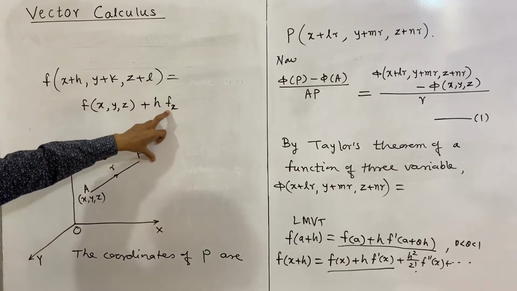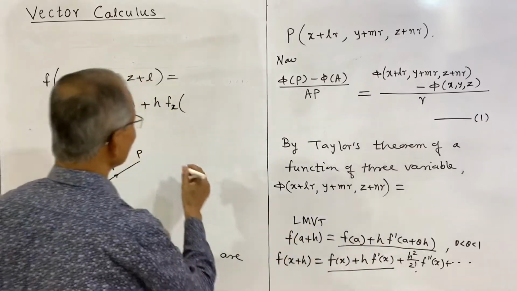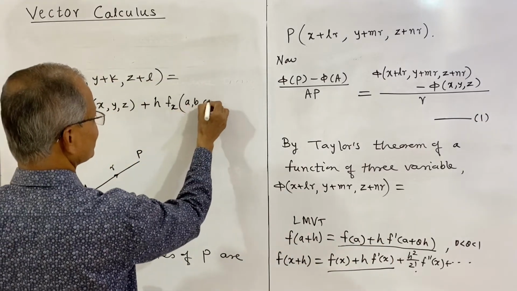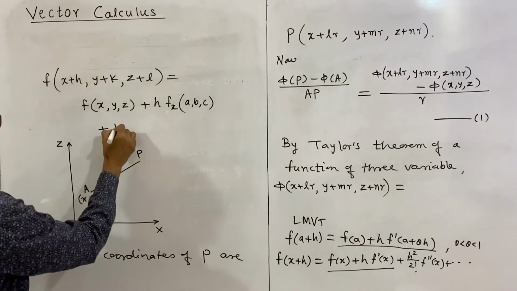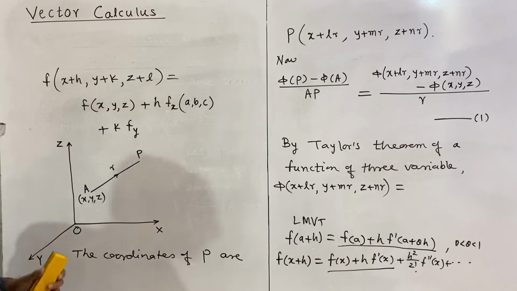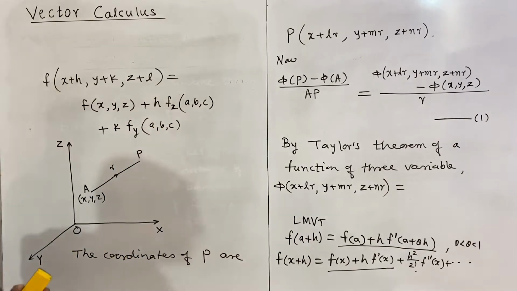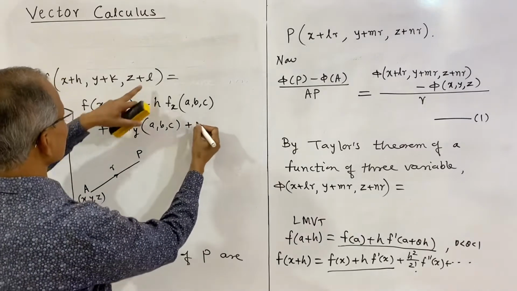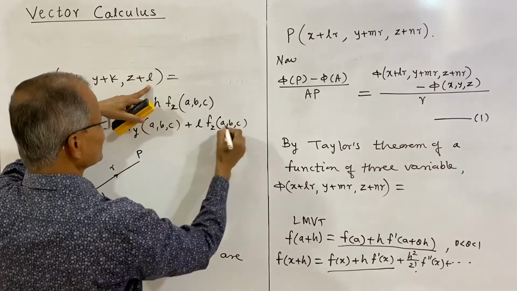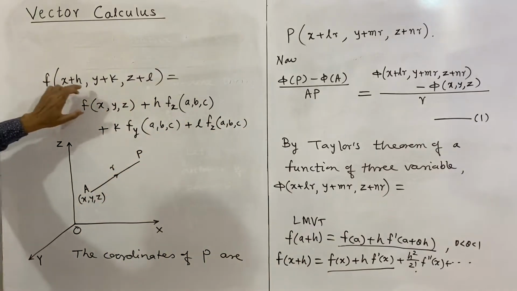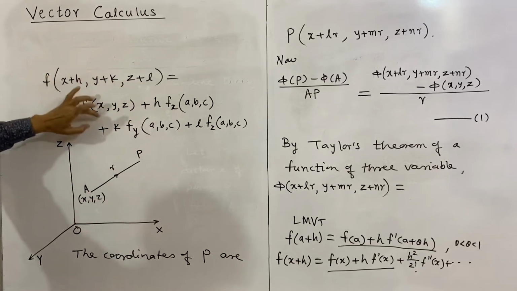It is actually the derivative of f with respect to x at the point A plus theta h, and that point may be written as ABC, plus, corresponding to this, k, and the partial derivative of f with respect to y, that is fy, at the same point ABC, and plus L, the partial derivative of f with respect to z at some point ABC, which is a point between x plus h, y plus k, z plus L on the line joining these 2 points.